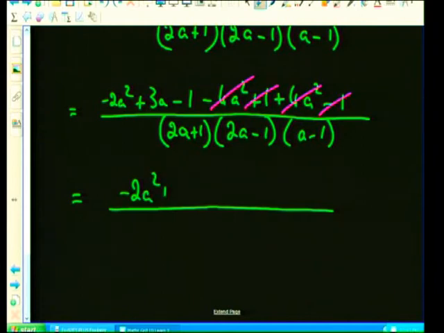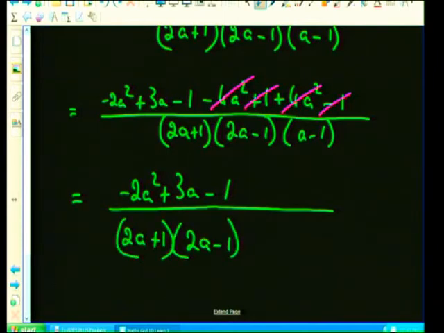Minus 2a squared plus 3a minus 1 over our 3-factor denominator. Sure, quite a question. And remember, once again, particularly with fractions, if you're accurate, you're great. If you're not, whoops, problem. Let's carry on.